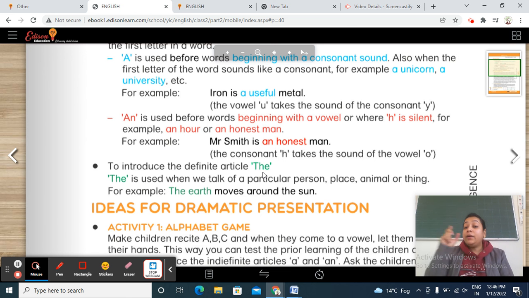But when we are talking about the Prime Minister, now we are talking about the position of that person: the Prime Minister, not the Narendra Modi. The Prime Minister of India is Mr. Narendra Modi. We don't write the with the name of a place like countries, cities, or states.